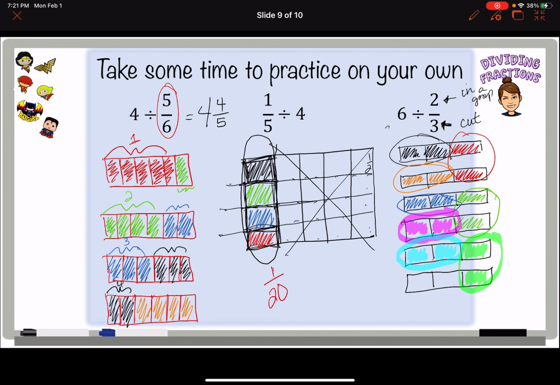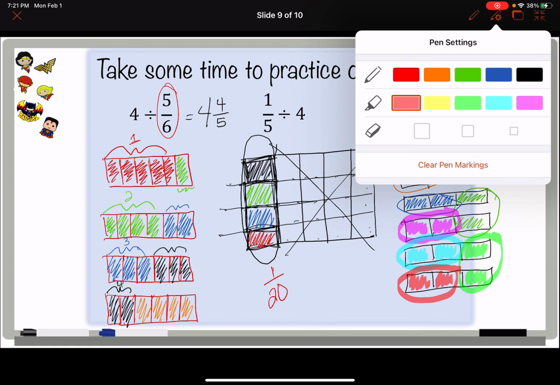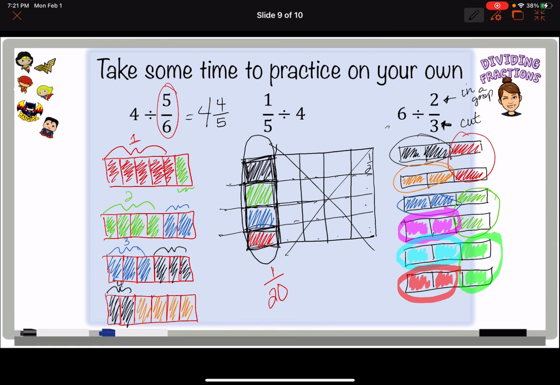And look at this, it might work out perfectly. 1, 2, yep. So in doing this and putting these all together, I made 1, 2, 3, 4, 5, 6, 7, 8, 9 groups. So 6 divided into groups of 2/3 equals 9.